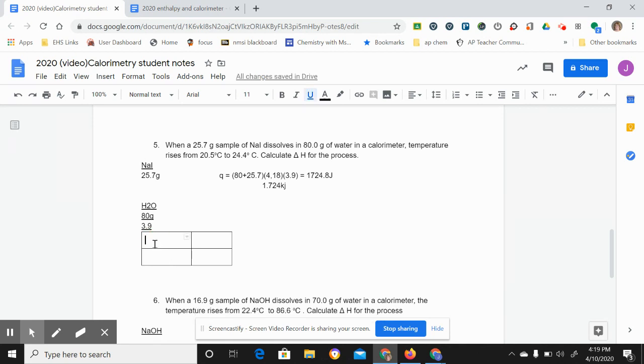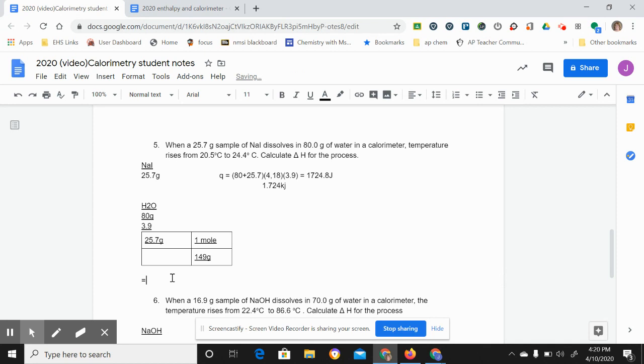So now we need to get our moles of sodium iodide. 25.7 grams, we need to convert that to moles. So 1 mole, and we know that the molar mass of sodium iodide is 149 grams.